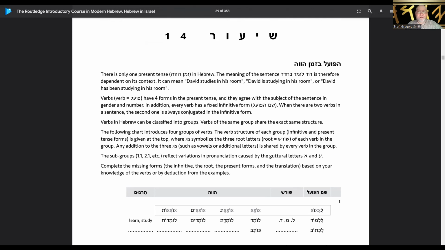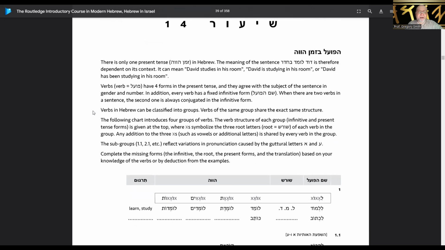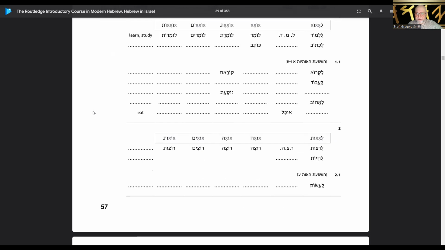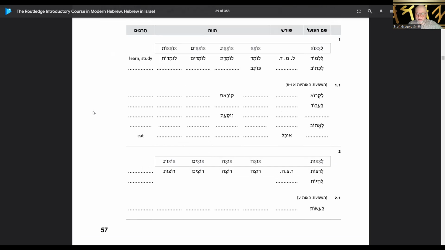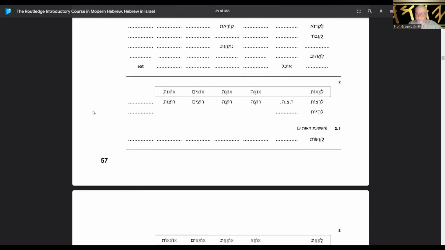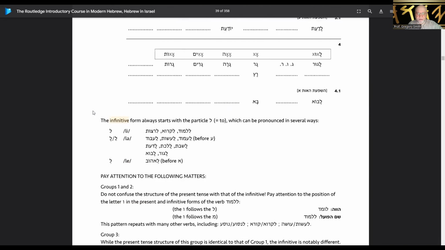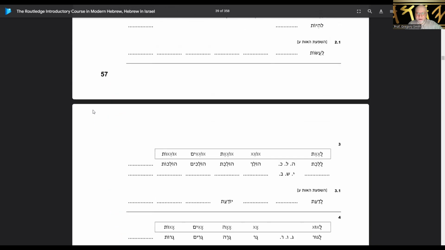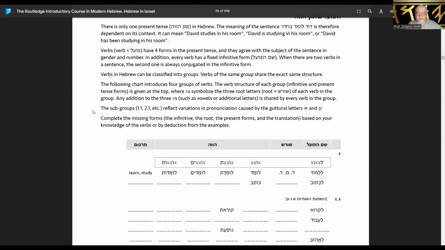This has been an interesting chapter because it's shown you several elements. It's gotten right into the deep grammar of the language, and we did finish this in my last video.